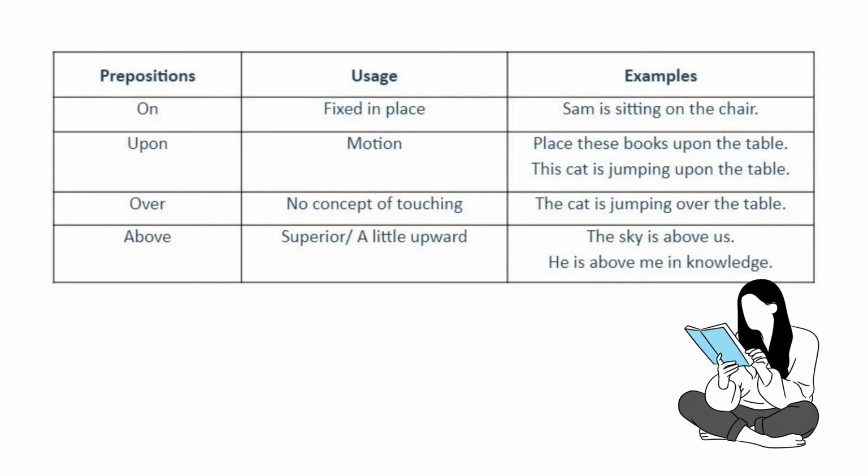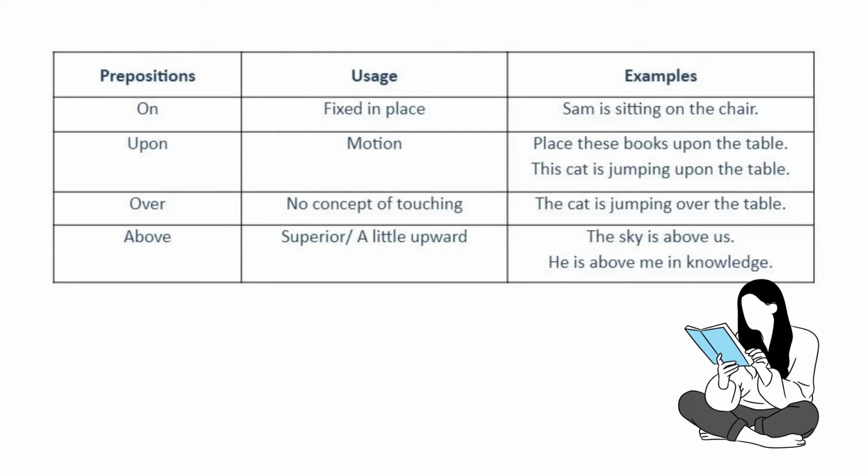After that, the preposition upon. It is used when something is going in motion. The examples for it are two. The first one is place these books upon the table. The second one is the cat is jumping upon the table.